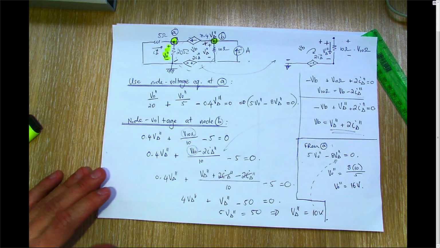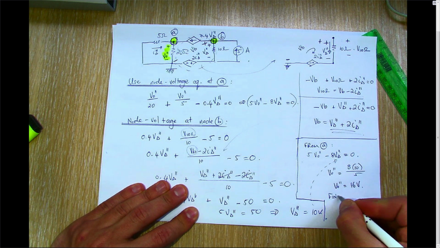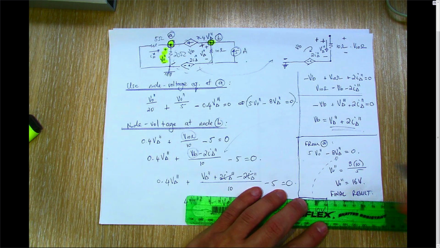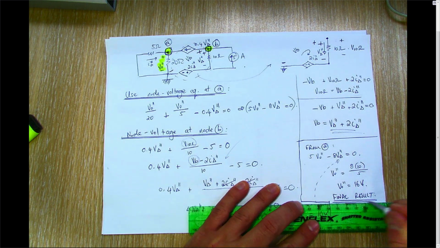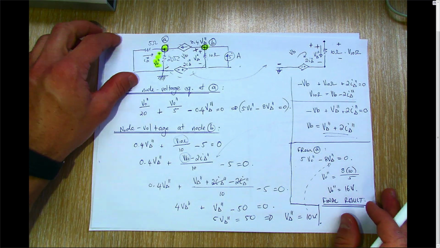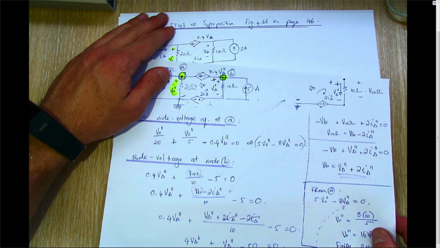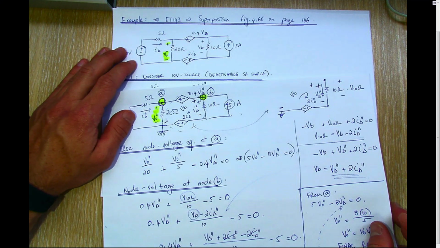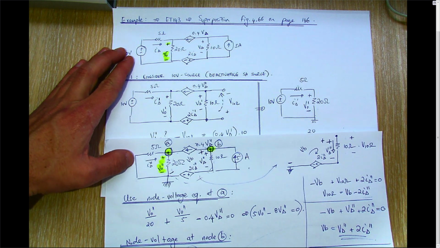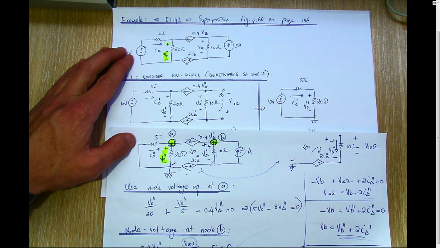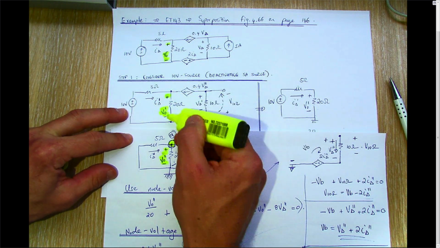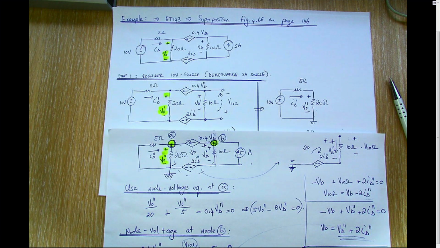Okay, now the final result. What is that? Well, remember, superposition says that we can now summate the values. We just open the original one. Remember, what I want to get to is V0, using V0 prime and V0 double prime.